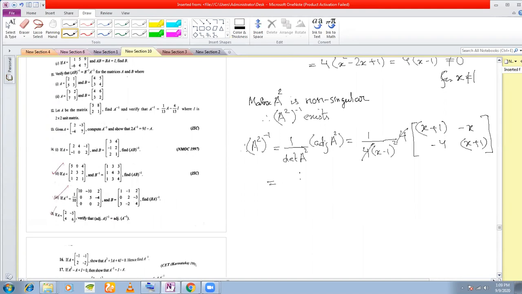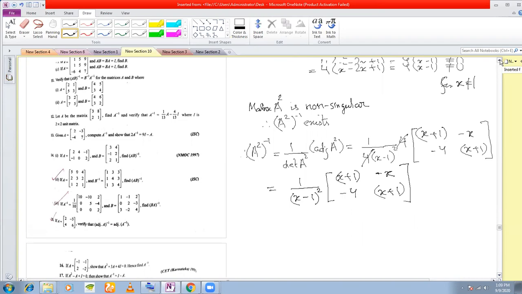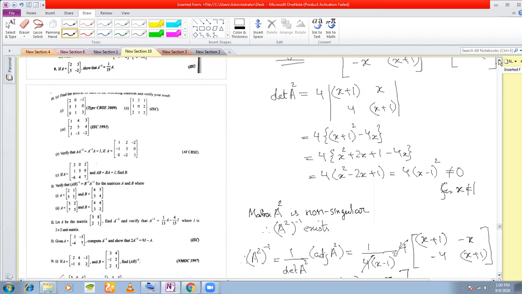So you simply get 1 by (x minus 1) whole square into the matrix x plus 1, minus x, minus 4, x plus 1. This is your inverse, finished. So this is what you can do.